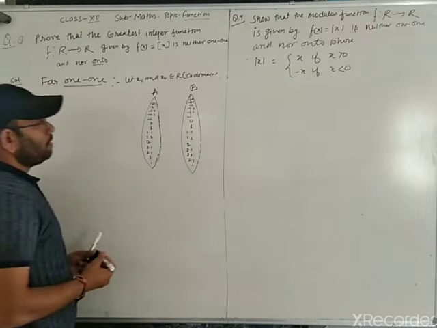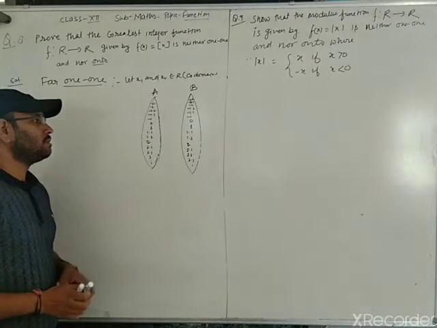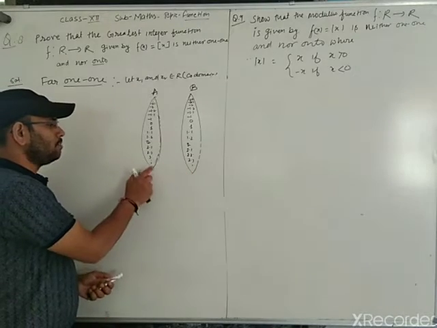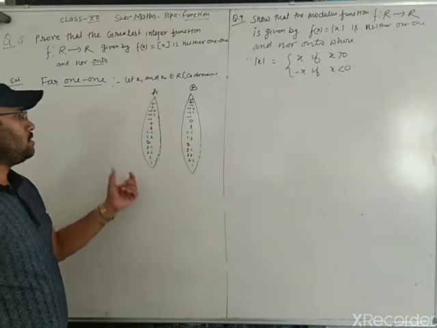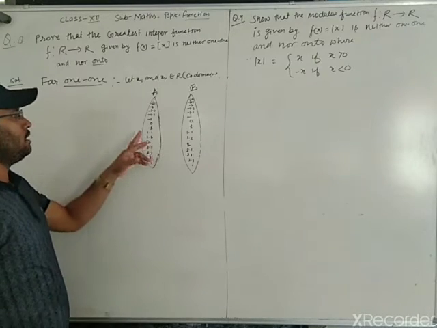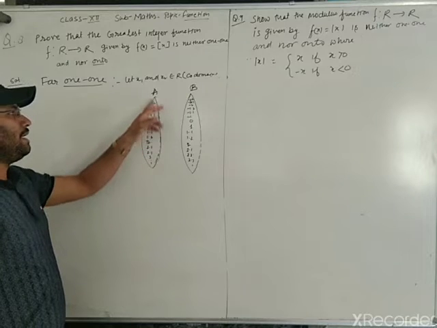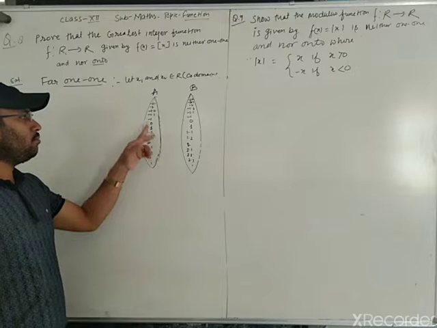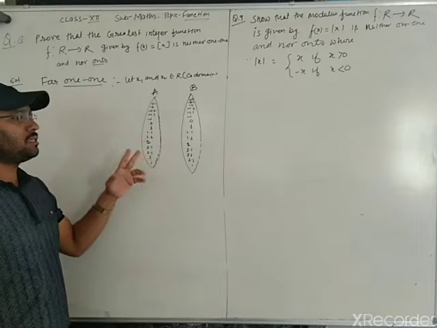Okay, why am I writing these two sets? Because I just want to clear your concept about the real number set. So real numbers contain what? The real numbers contain negative integers, negative decimals, 0, 1, positive integers, positive decimals.